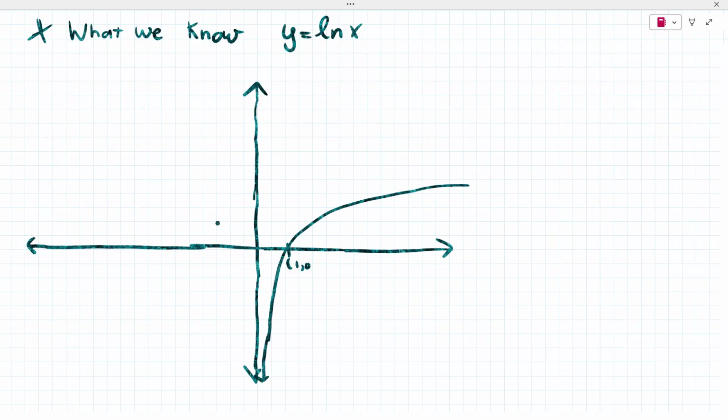And x equals e would look something like this. Say this is e, which is about 2.7. So this is y equals ln of x. We want y equals square root of ln of x, right?